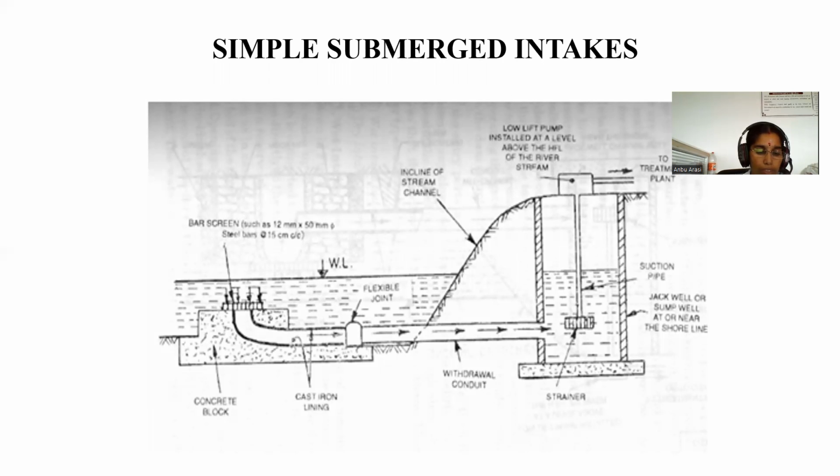The withdrawal pipe is generally taken up to the sump well at shore from where the water is lifted by the pumps. The intake opening is generally covered with screen. Here is the bar screen. It prevents the entry of debris and ice into the withdrawal conduit.